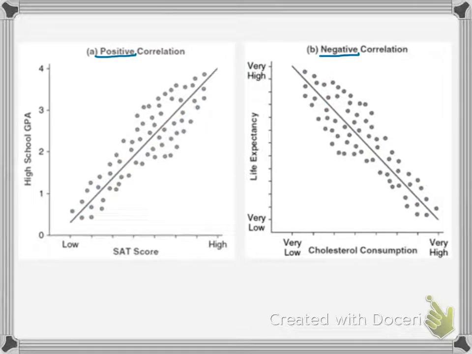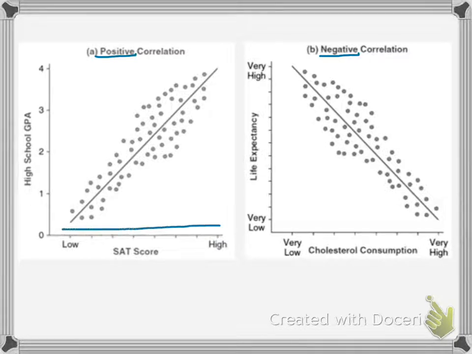So the positive correlation on the left, here's an example. The X-axis has SAT scores and the Y-axis has high school GPA. So this is saying that the higher your SAT score, the higher your GPA. GPA is determined by your grades. It's also showing the opposite of this.